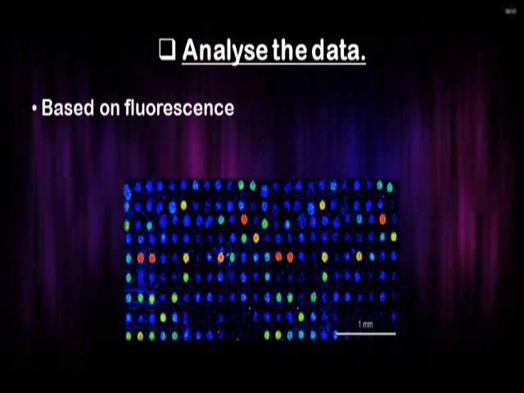The next step is analyzing the result. Now analyzing the result is based on fluorescence. In the result we can see different color spots: yellow, red, and green. How is this formed? This is because of the fluorescence, the dyes that we have used. The healthy cells are seen as green, whereas the cancerous cells are seen as red.